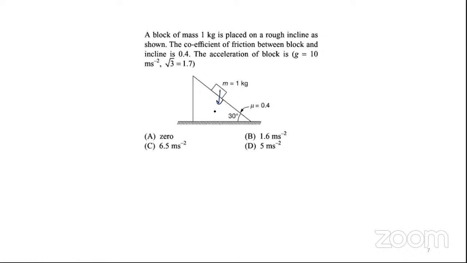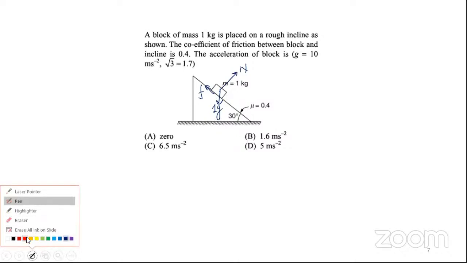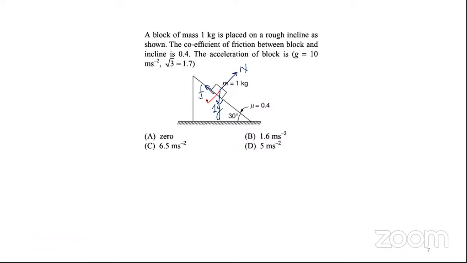On this mass, we have mg downwards, normal upwards, and friction behind. And we want to find the acceleration. So we'll resolve mg. This is 30 degrees.